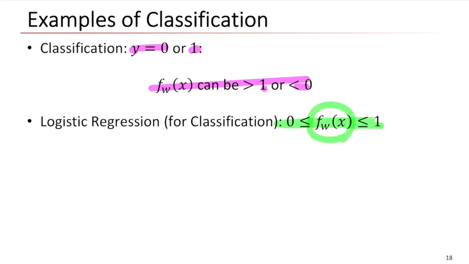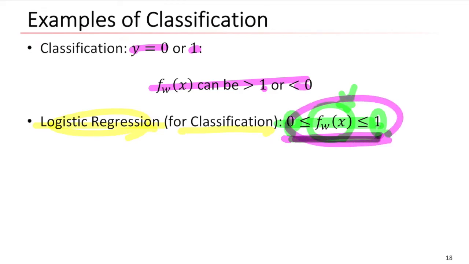We want to formulate our mapping function to be larger than 0 and less than 1. If we use a mapping function like this, we can say that this is logistic regression. This is for the classification problem. So using this kind of mapping function, we can solve the classification problem with the logistic regression function. Some of you are confused with the linear regression problem, right?